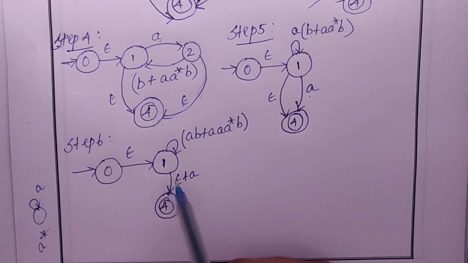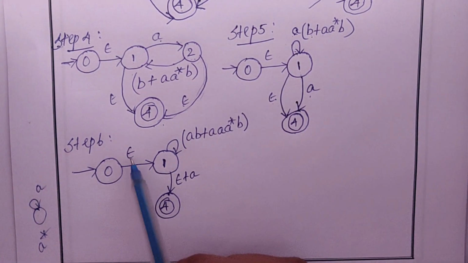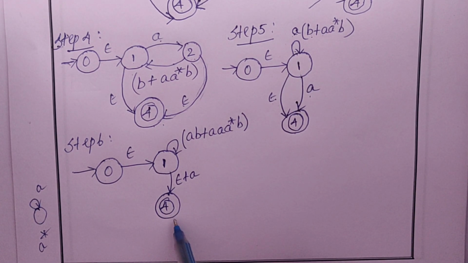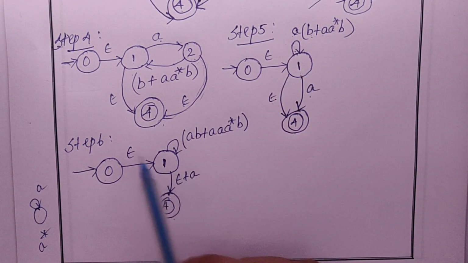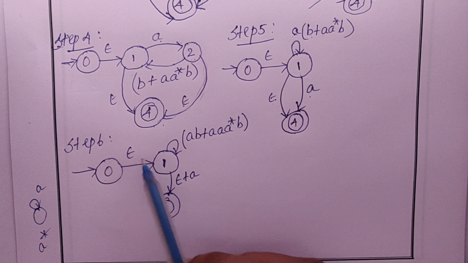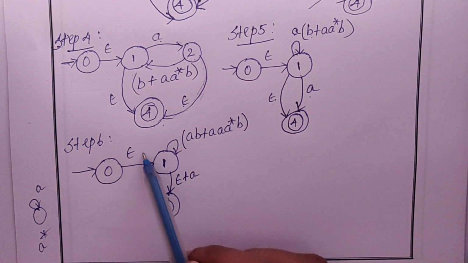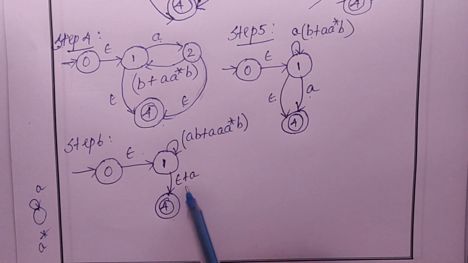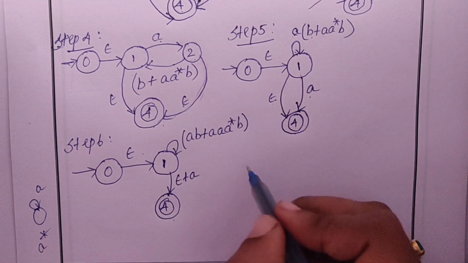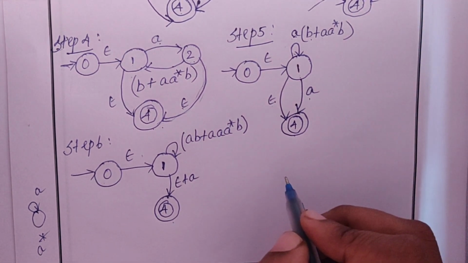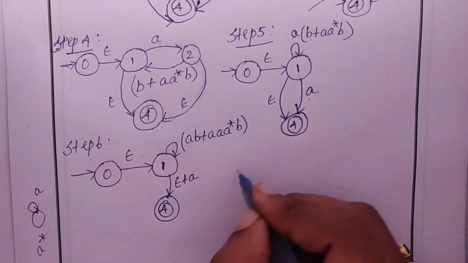If I remove this state, right, how to remove? Start state is connected to final state through state 1. So everything is concatenation. Epsilon dot this one dot epsilon plus A, right? So how will you represent?